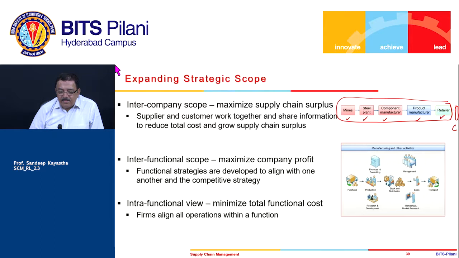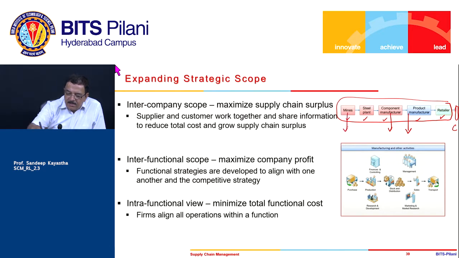Now we look more deeply into this. That is to look at what is to be done inside the product manufacturer to achieve the strategic fit. What is to be done by a component manufacturer inside its own operation.